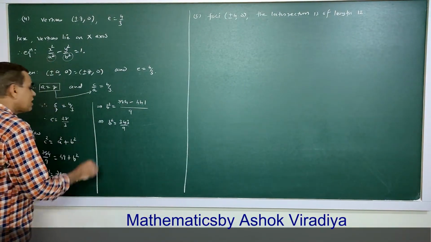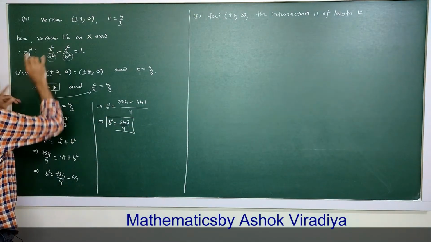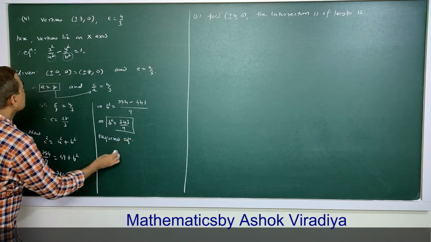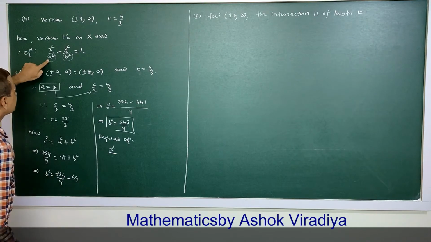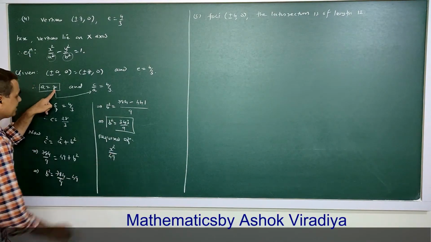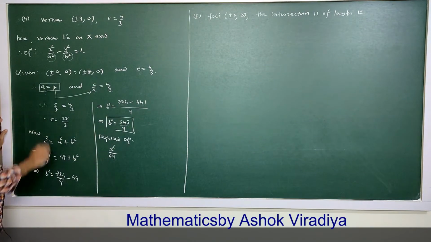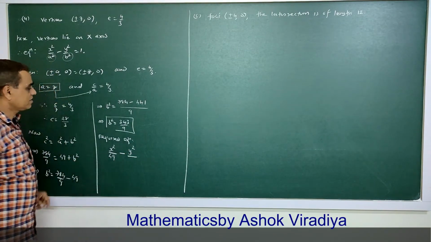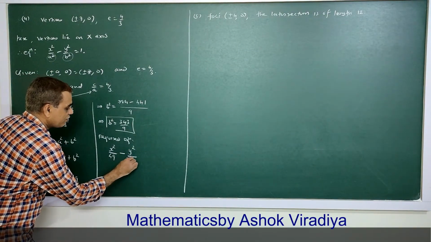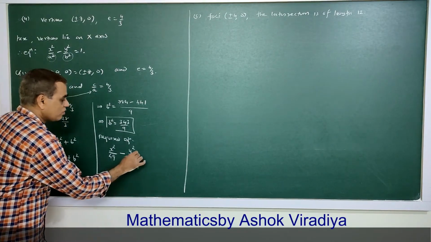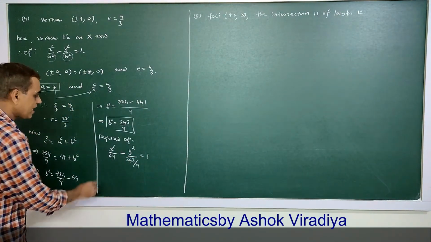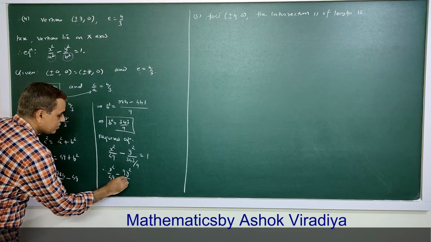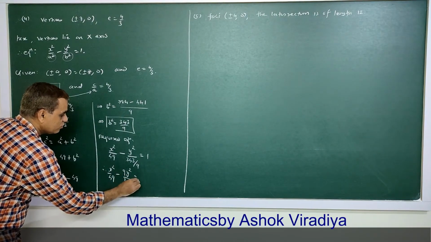This is b square. Now putting these values in this equation, the required equation is x square upon a square. a square is 49 because a is 7, minus y square upon b square. b square is 343 by 9, equal to 1. So therefore x square by 49 minus 9y square by 343 equal to 1.